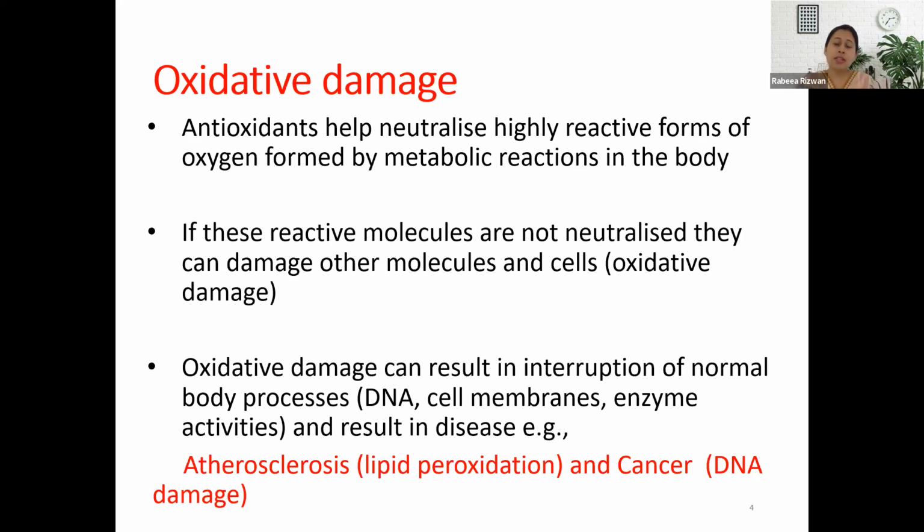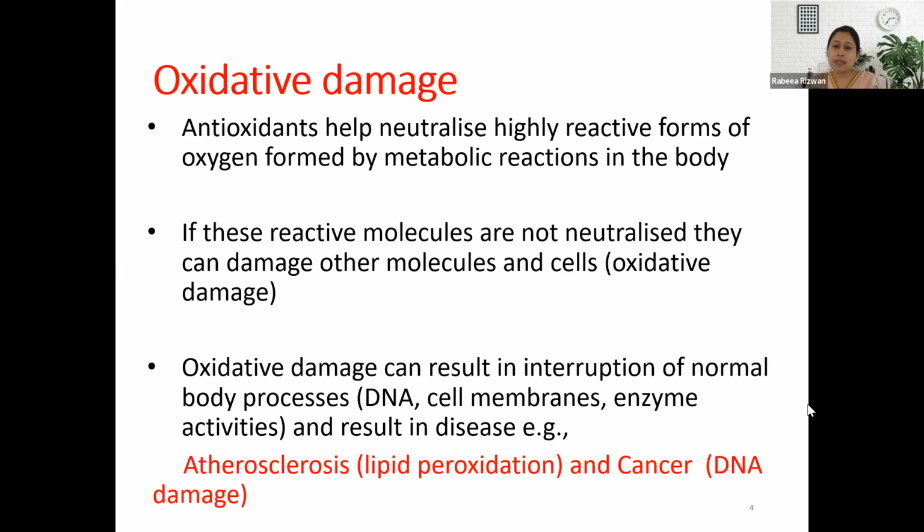The most common example that can lead to disease is atherosclerosis. Atherosclerosis means the formation of a layer of sterols, cholesterol, inside the veins or arteries of our body, and this results from the lipid peroxidation process that occurs in our body.